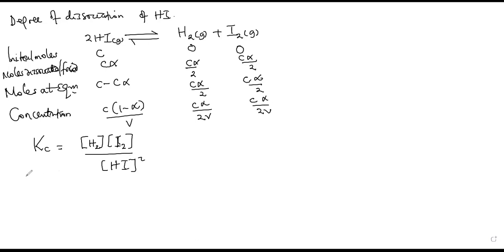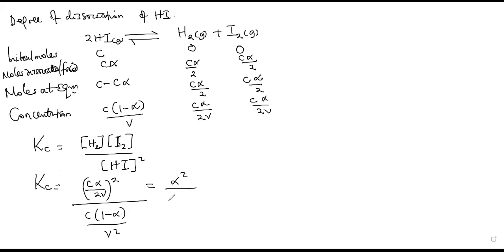So we substitute: C alpha over 2V, everything squared because they are the same, divided by hydrogen iodide, which will be C times (1 minus alpha) over V, squared. So from what we derived, we come up with alpha squared over 4(1 minus alpha) squared as our Kc.